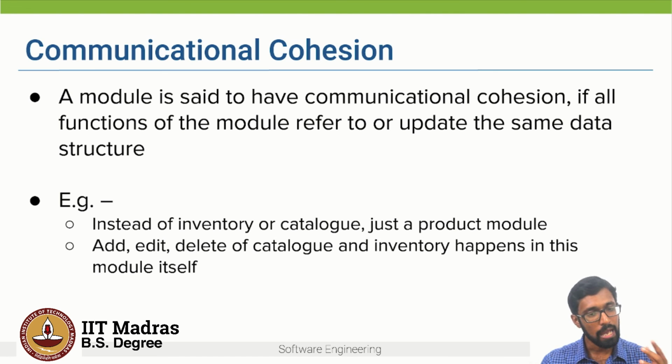Add, edit, delete, catalog, inventory, all of this happens in this module itself, and they are updating or referring to the same data structure, which is a list of products. So in this case, the product module is said to have communicational cohesion.